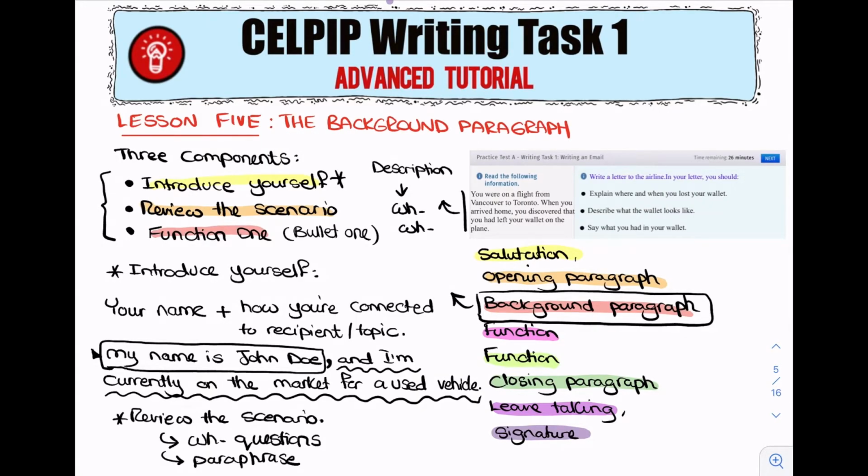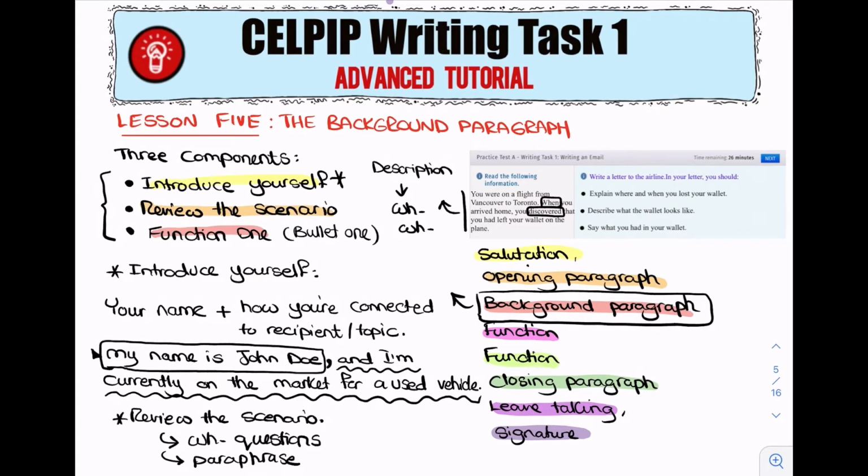So not only am I adding the details, but I'm also paraphrasing. So the question uses the word discovered, and I'm going to use something like realized instead. The question says, when you arrived home. I said, upon arriving in Toronto Pearson. So try to use as much paraphrasing as you possibly can.